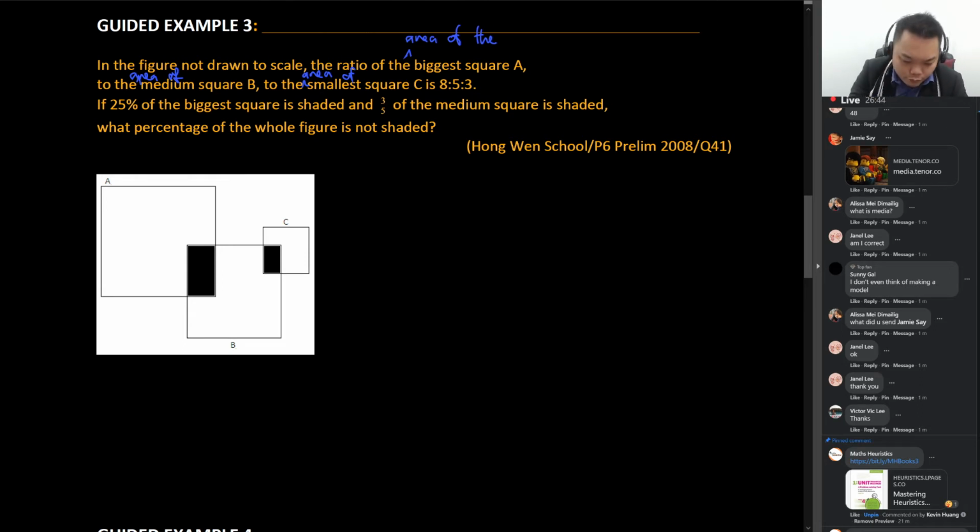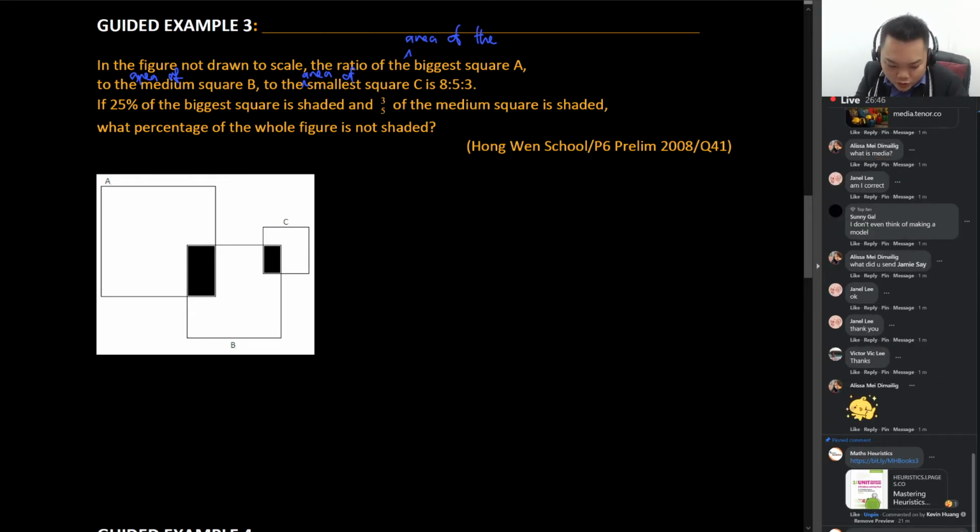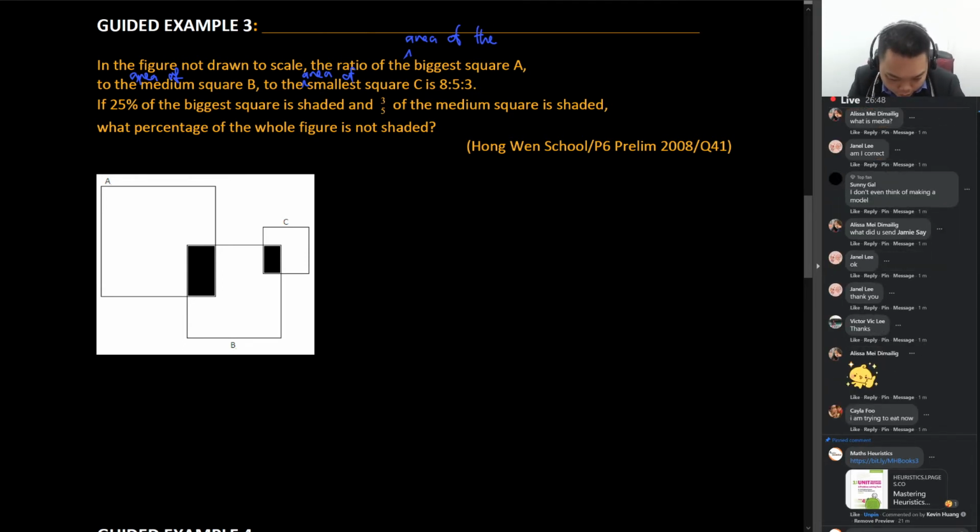So if 25% of the biggest square is shaded and 3/5 of the medium square is shaded, what percentage of the whole figure is not shaded? So first things first, change your 25% to a fraction first. This will be 25 out of 100, and it simplifies down to 1 out of 4.